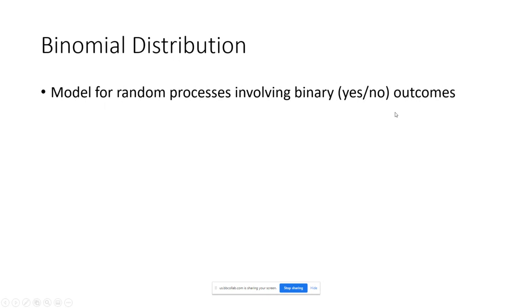All right, so the binomial distribution is a model for random processes that involve binary outcomes, so outcomes that can either be yes or no. They have 2 possible options.